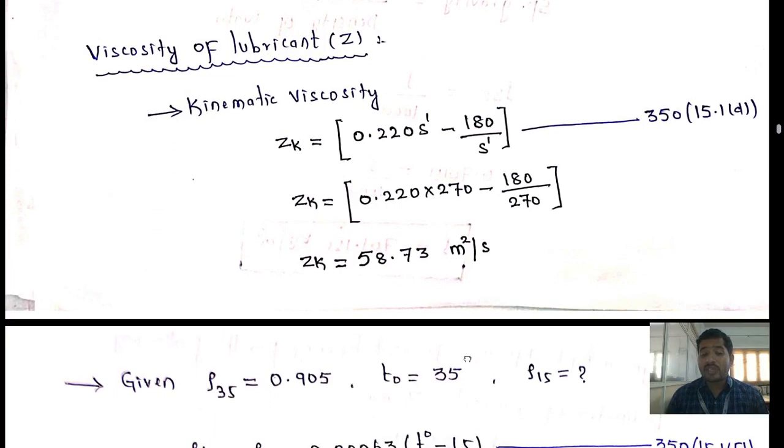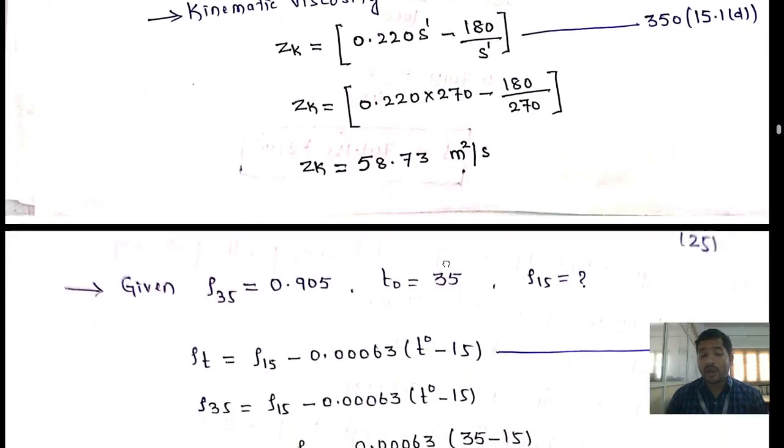After that, we want to find out the density. For that, the density at 35 is 0.905, and the operating temperature is 35 degrees. So we need to find out the density at 15 in this problem.